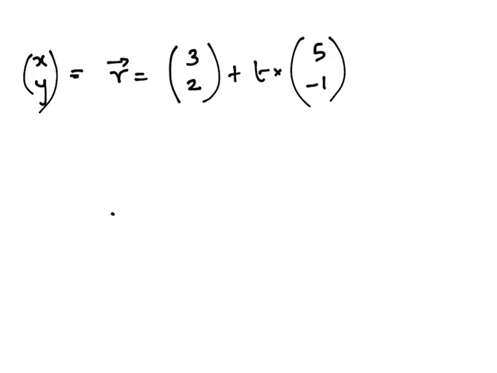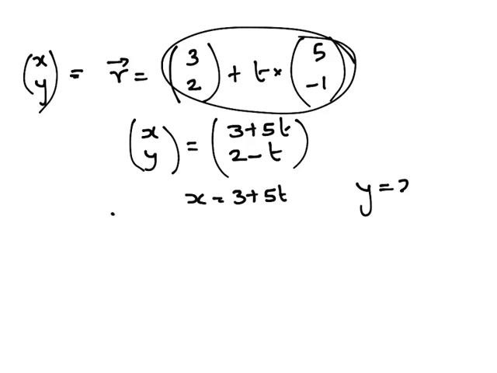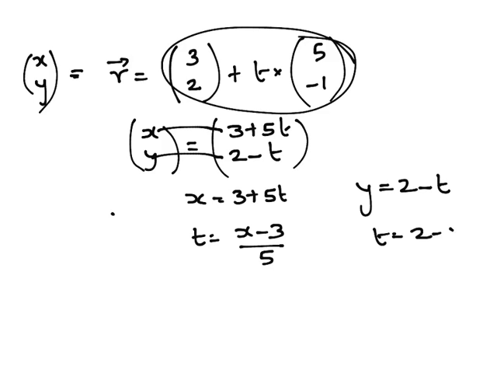Okay, now what happens is (x, y) equals, I can combine these two and write it as (3 + 5t, 2 - t), isn't it? Now this means x equals 3 + 5t and y equals 2 - t. x is equal to this and y equal to this, which means t is (x - 3)/5 and here t is 2 - y.